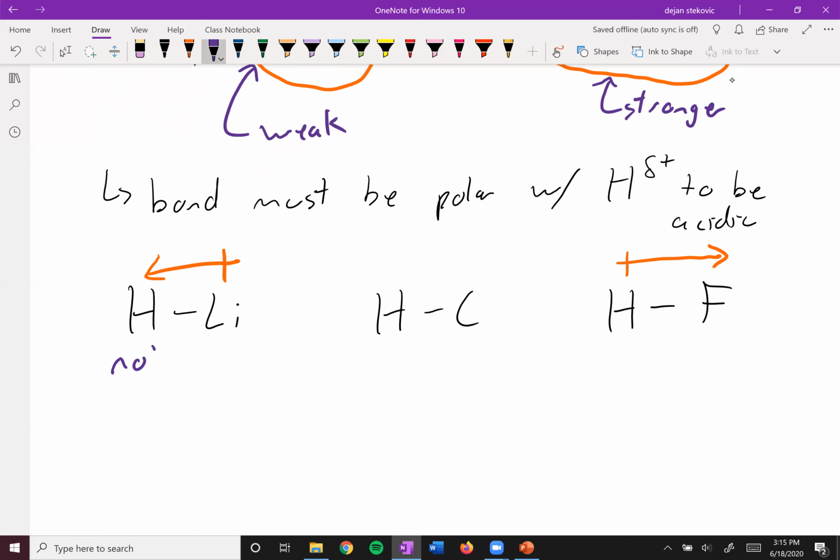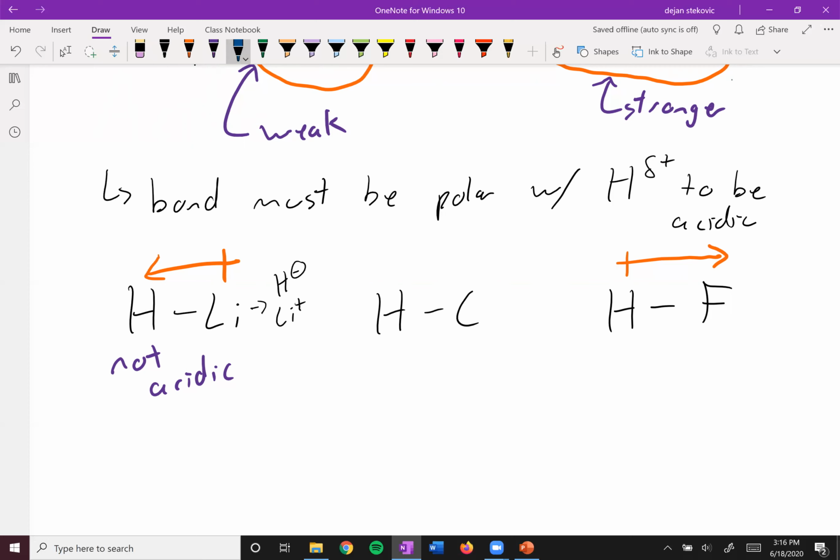And so this one is not acidic at all. This would actually act as a hydride, something we won't really touch much on. But you can see it can't release an H plus. If this were to break into anything, it would break up into H minus and Li plus, right? Where an acid is H plus. So they are indeed different things.